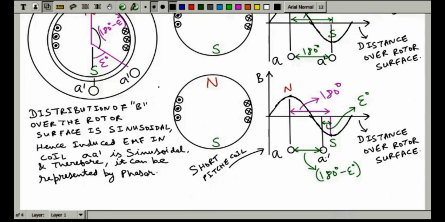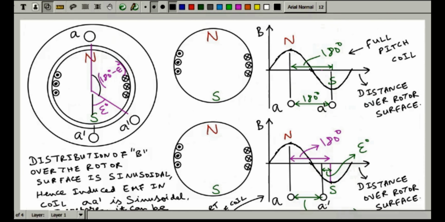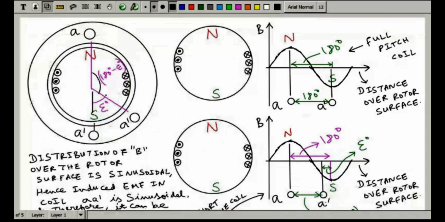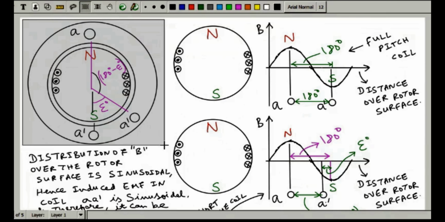So we will do that only. So if it is a full pitch coil, how we can represent it by a phasor? We will see. If it's a full pitch coil, and if it's a short pitch coil, how we will represent? We will see it.